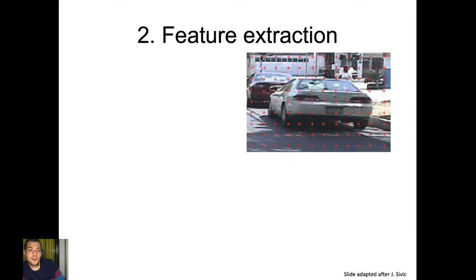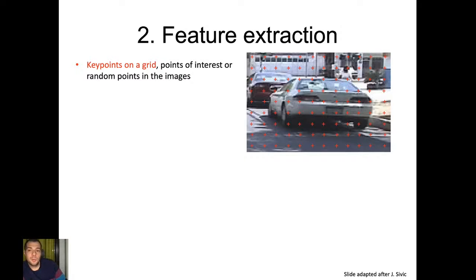So for the feature extraction, in order to obtain features that are invariant to scale, illumination, rotation, and so on, there are different image descriptors that can be used.